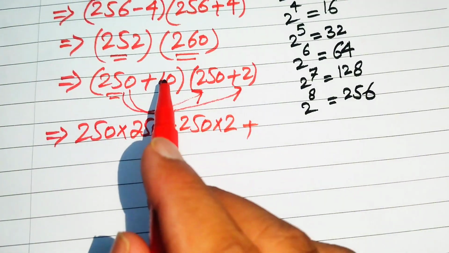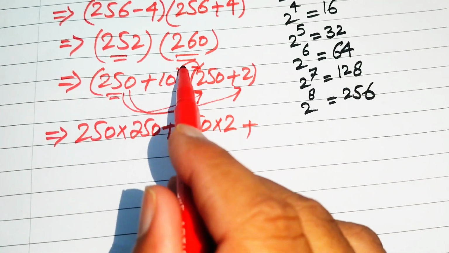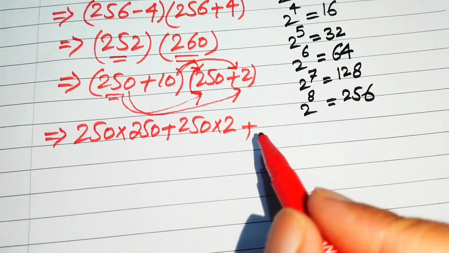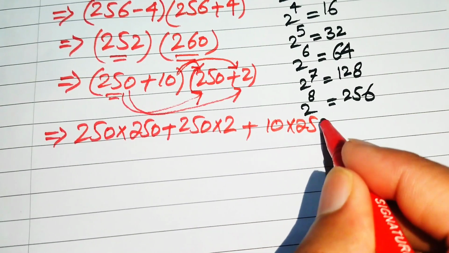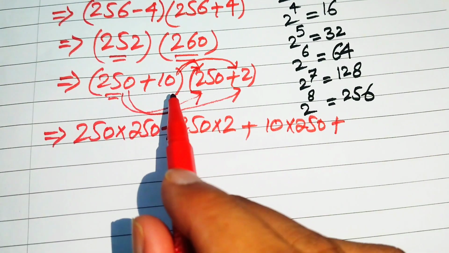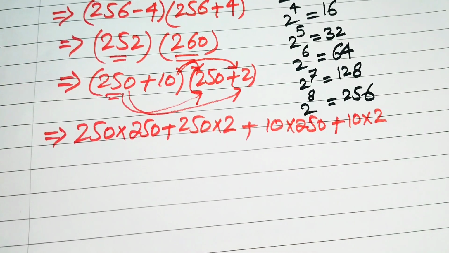Similarly, we multiply this 10 by 250, and after that we multiply this 10 by 2, so you get it in this way.